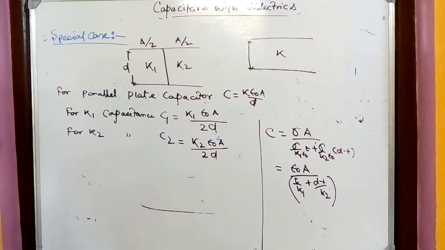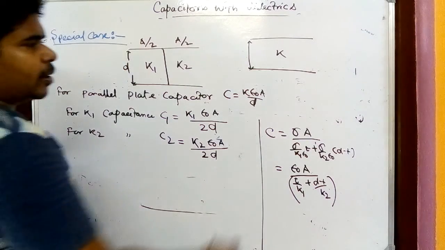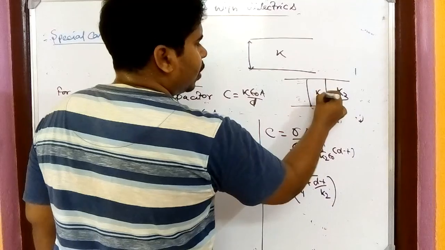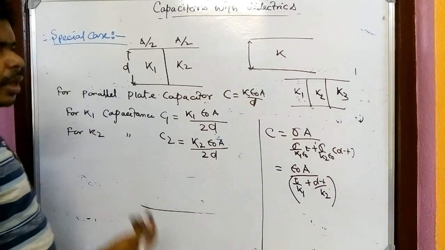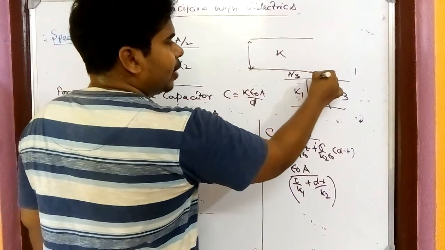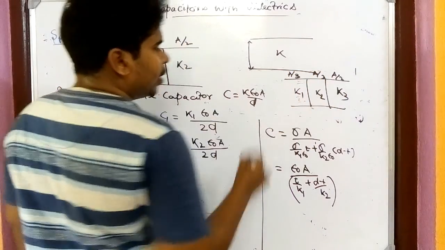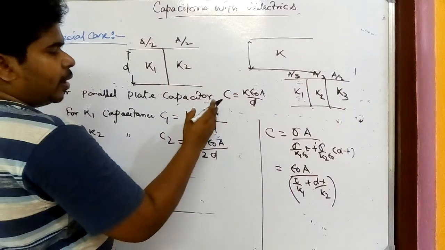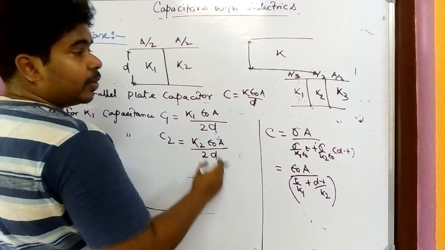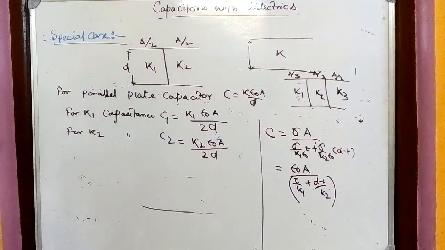Now you might be thinking, sir, if it is kept this way, K1, K2, K3, then also separately it will be divided A by 3, A by 3, A by 3. So it is K1 epsilon naught A by 3D, K2 epsilon naught A by 3D, and K3 epsilon naught A by 3D.